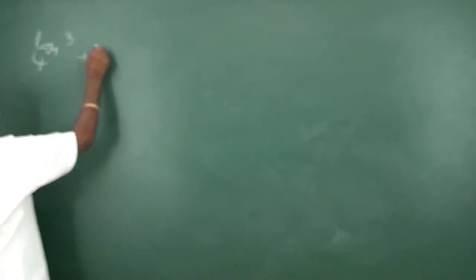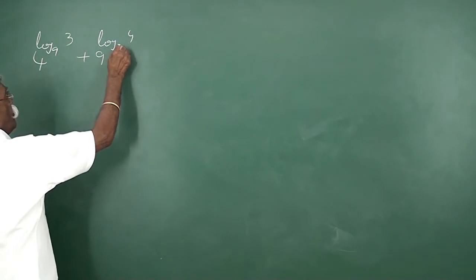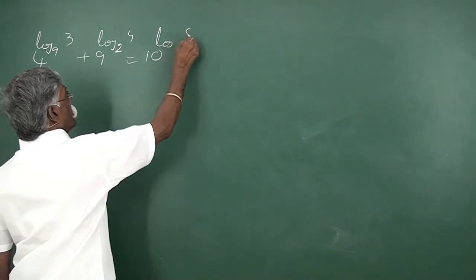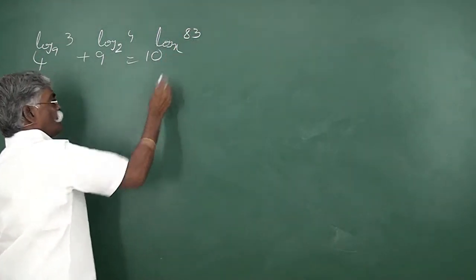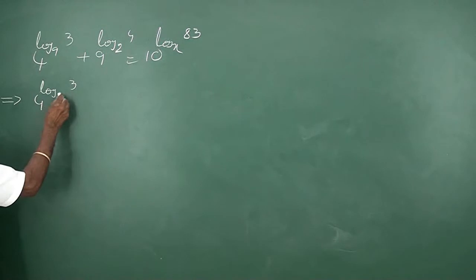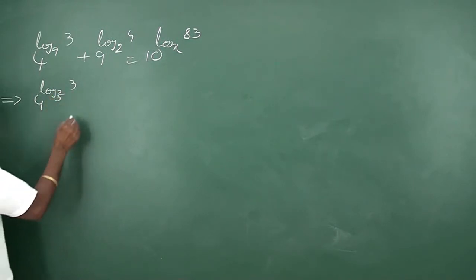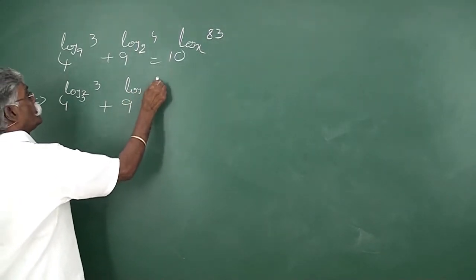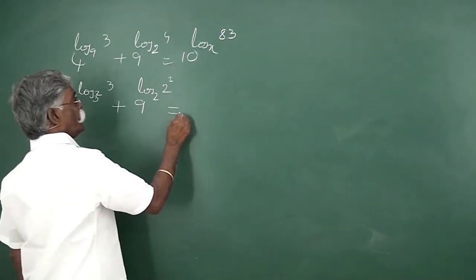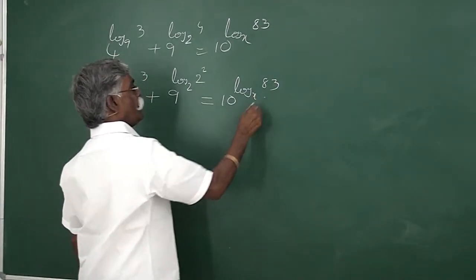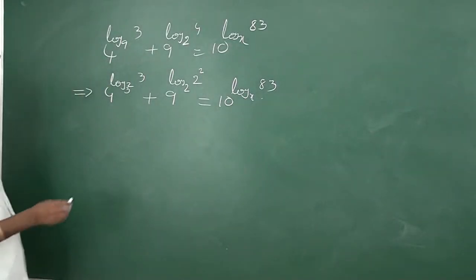Plus 9 power log 4 base 2 is 10 power log 83 to the base x. This implies 4 power log 3 base 3 square plus 9 power log 2 square to the base 2 is equal to 10 power log 83 to the base 6.